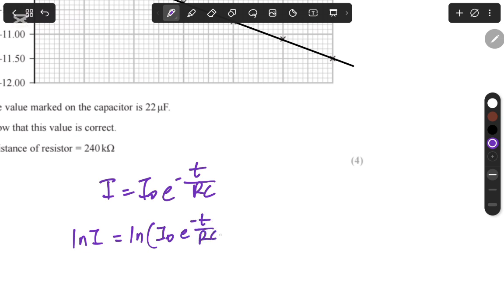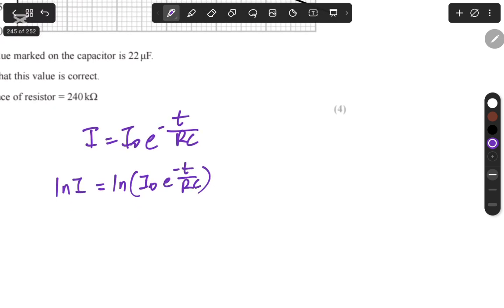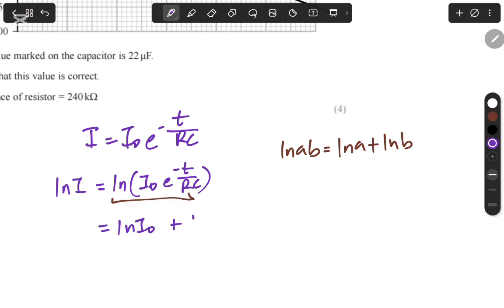We get something like this. And now what we can do is we know that ln AB can also be written as ln A plus ln B. So I can write this side as ln I naught plus ln e to the power minus t over RC. Okay, so it can be written like this.